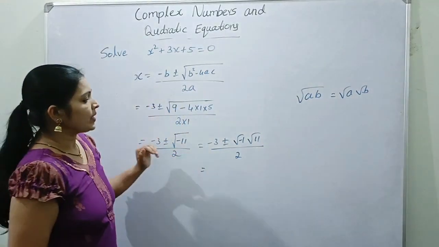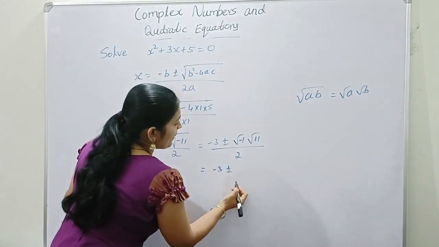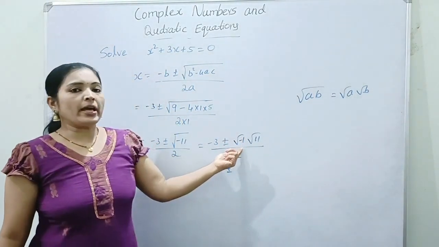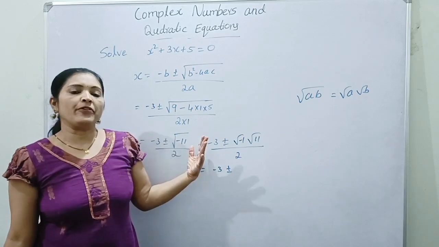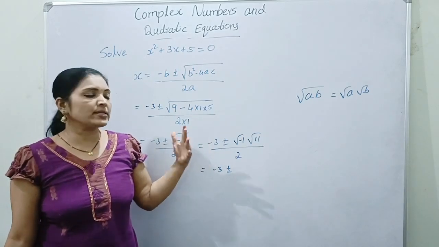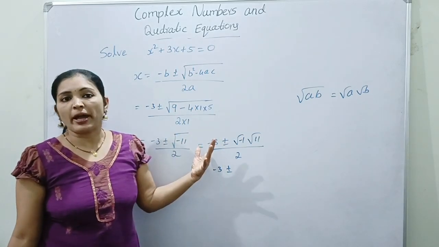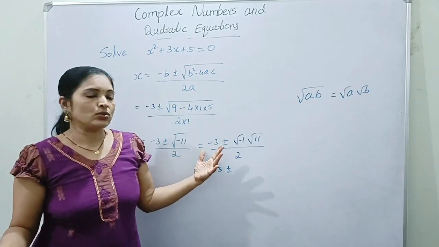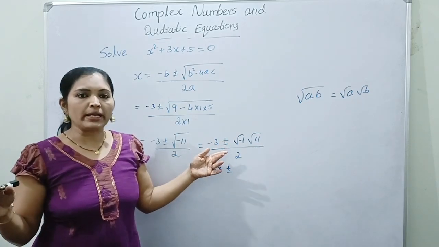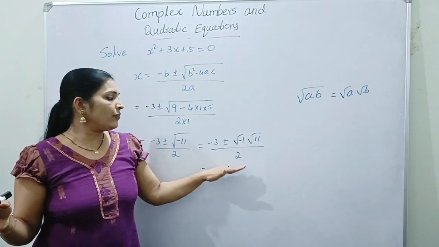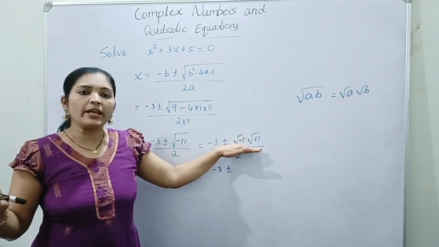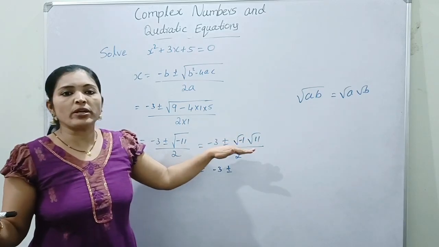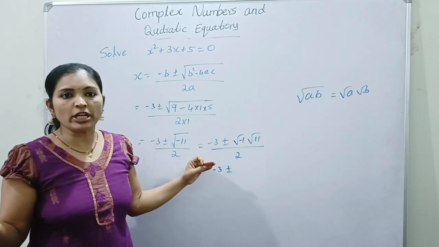That is equal to minus 3 plus or minus, see here what is the square root of minus 1? In previous classes you did not study what we will get after taking the square root of a negative number. You studied about real numbers, right? So here we know what the square root of minus 1 is, so we can apply the value. Square root of minus 1 is nothing but i, that is the imaginary number.